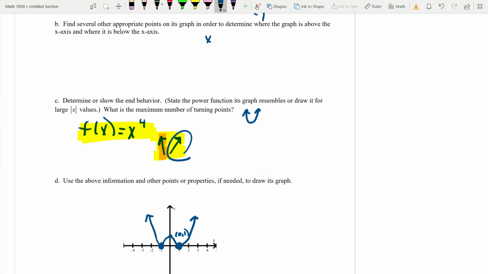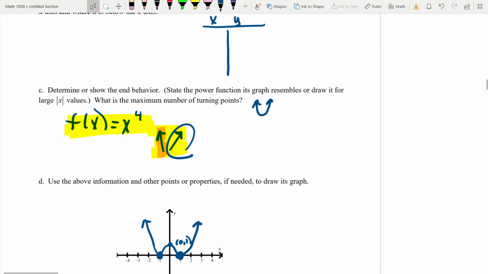Okay, table of values. People mess up on this. You have 2 x-intercepts. If you have 2 x-intercepts, how many regions do I have on my graph? Tell me. 1 more than that, right? So 3. So here, and here, and here. Choose a value in each region.